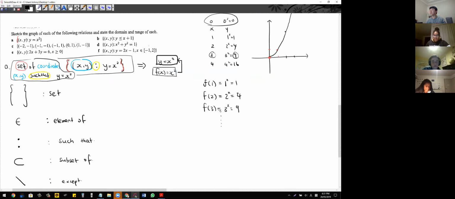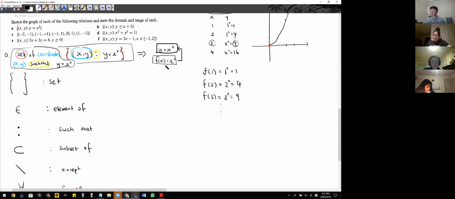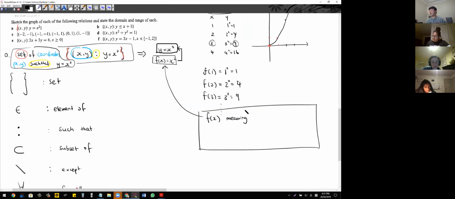The reason is, what's the meaning of f of x? You often see this in maths, throughout this year and next year as well. The meaning is this. It's simply the y. You see how this one was replaced by f of x? So f of x is simply equal to the y value.